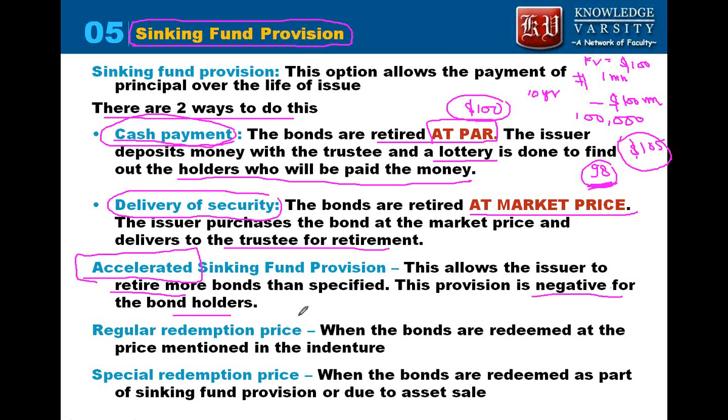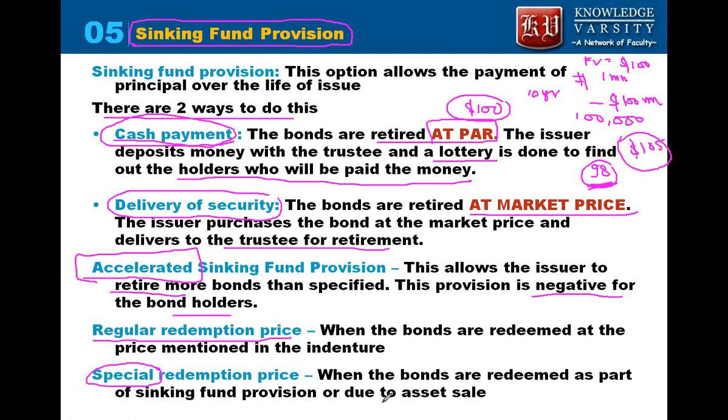Now the redemption prices: usually there are some regular redemption prices specified in the indenture. But sometimes, due to bankruptcy etc., the bond holders do not get the price specified in the indenture. They get what is called a special redemption price, and that is usually lesser because the money comes from asset sales and is given to the investors.